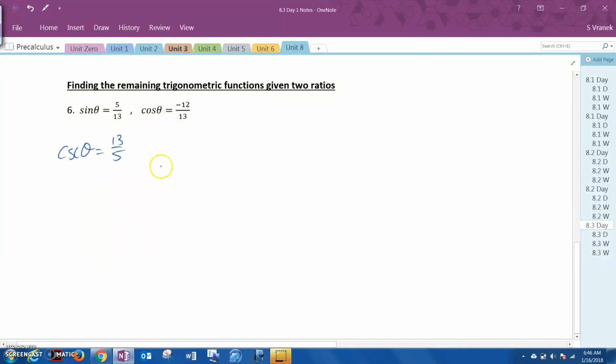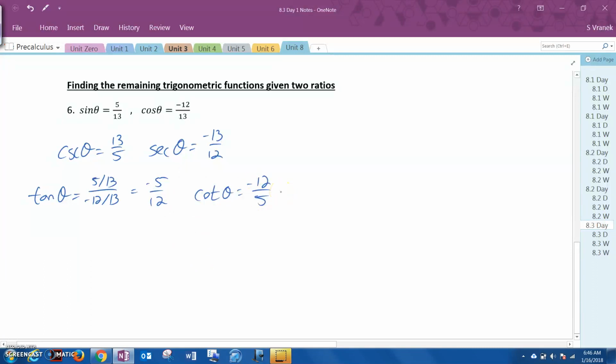If cosine is negative 12 over 13, then secant has to be negative 13 over 12. To get tangent, tangent is sine over cosine. So tangent is 5/13 over negative 12/13, which is negative 5 over 12. And then cotangent has to be negative 12 over 5.